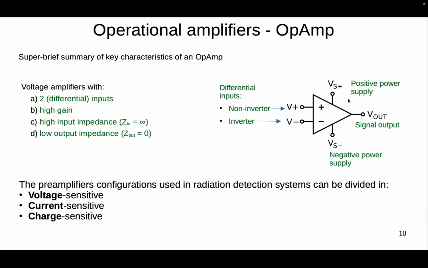So the maximum voltage we can have is the voltage from the positive power supply, and the minimum will be the voltage that we have in the negative power supply. Here, if we don't configure with feedback loops, we will have very high gain.